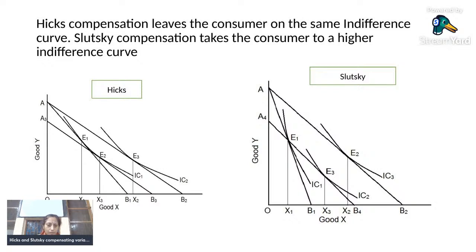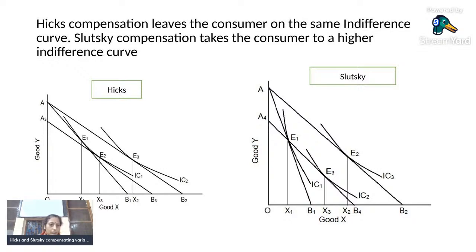When you are trying to understand how the consumer makes choices when the price of, say, commodity X decreases, see in the diagram, there is a point E1. E1 lies on indifference curve 1, which is tangent to the budget line AB1. Please pay attention to it.